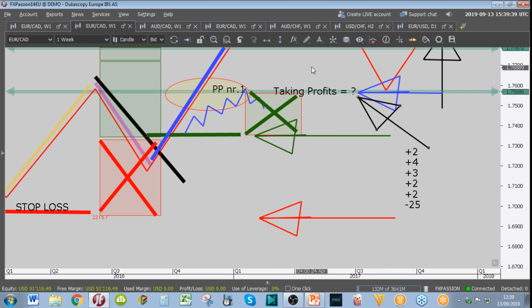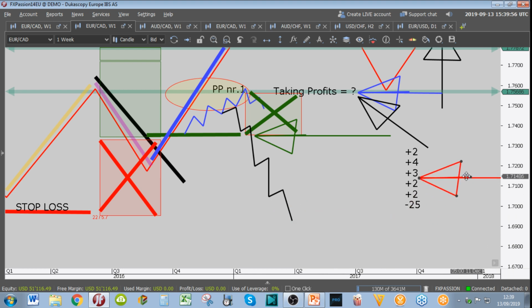Sooner or later, the market is not going to hit your profit level, but is going to reverse and stop you out. It's just a matter of time. Don't do this. Don't even think about hedging either.